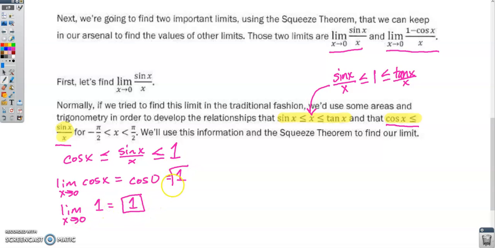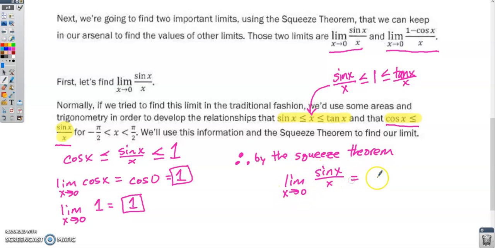So sine of x over x is in between cosine of x and 1. Both of those have a limit of 1. Therefore, by the Squeeze Theorem, we now know that the limit as x goes to 0 of sine of x over x is equal to 1.